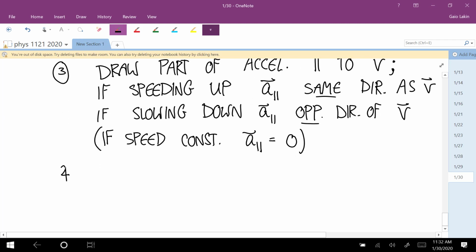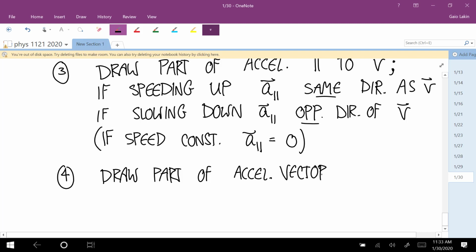Now, fourth, draw the part of the acceleration vector that's perpendicular to the velocity vector.